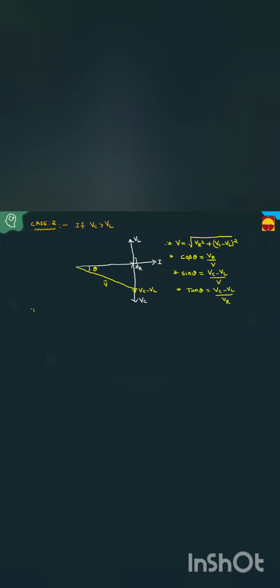Then what is the impedance triangle in case 2? Impedance triangle. In case 2, let us assume that VC greater than VL, which means XC greater than XL. Then as it is, you draw. In a series RLC circuit, I is constant, resistance is in phase with current, and this is XL.